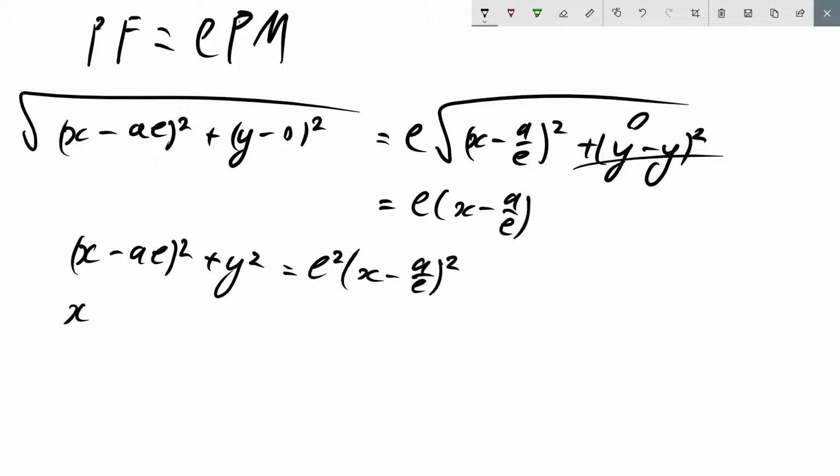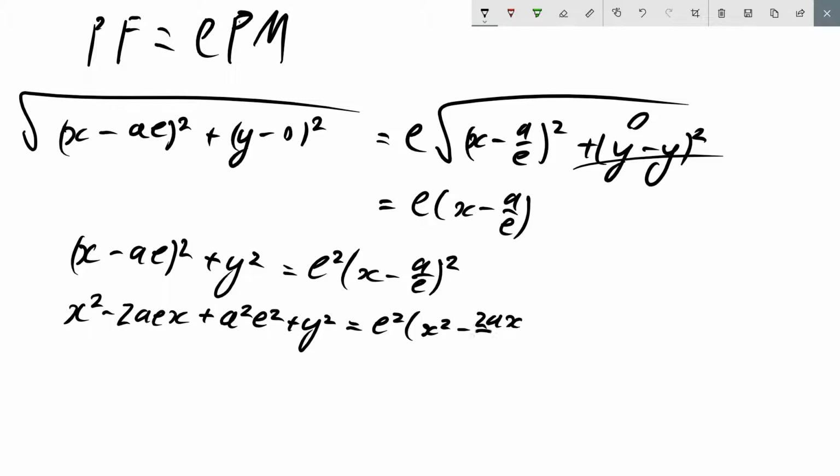So we're going to have x squared minus 2aex plus a squared e squared plus y squared is going to equal e squared lots of x squared minus 2ax/e plus a squared/e squared.